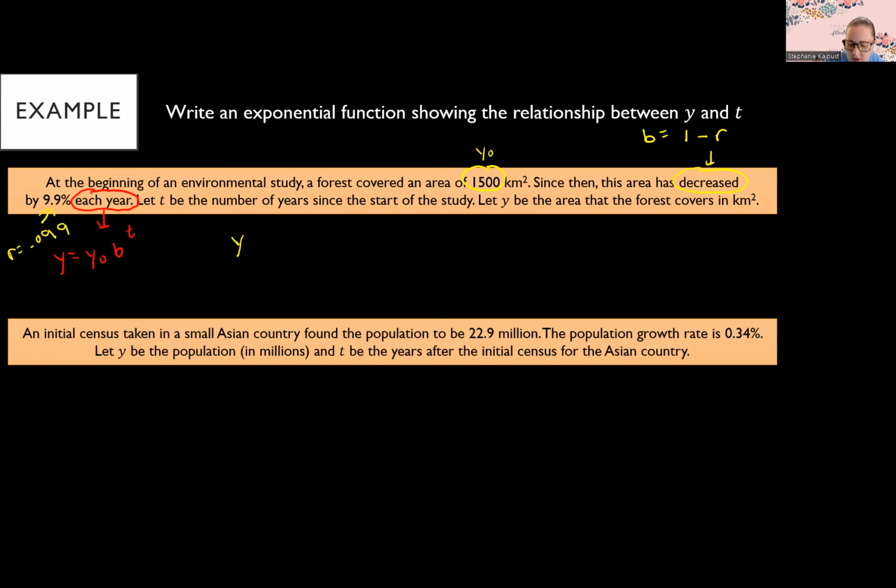Once you figure that out, you start plugging in your numbers. So Y naught is 1500. B is equal to 1 minus R, and then we have R. So I can replace R. It's 1 minus 0.099.